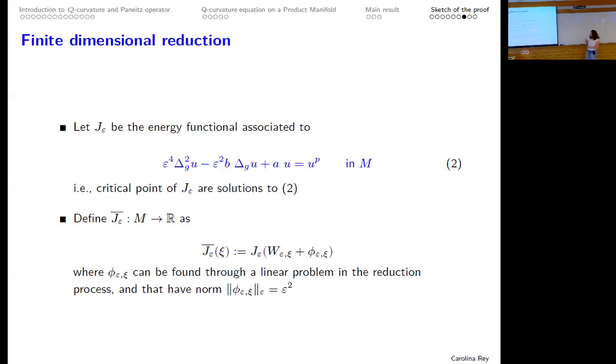So we can prove that this function phi, depending on xi, always exists, and in that way we build this new function that goes from the manifold to R.